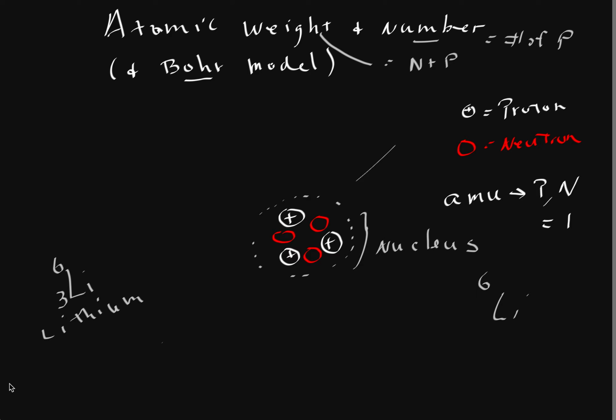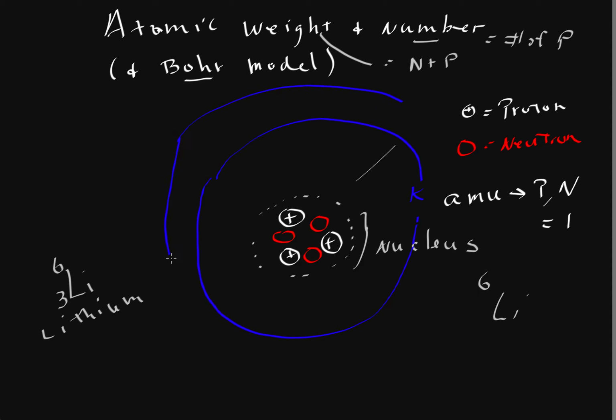Now, in the Bohr model, we also want to be able to track the other major type of particle, which are electrons. For the lithium atom, we'll draw 2 shells. There's an inner K shell. It's usually drawn in the Bohr model as a circle that goes around the nucleus.